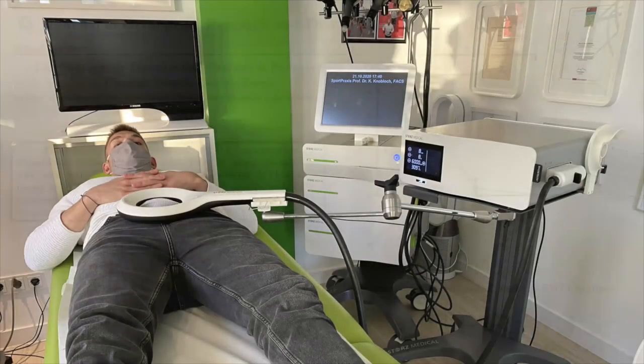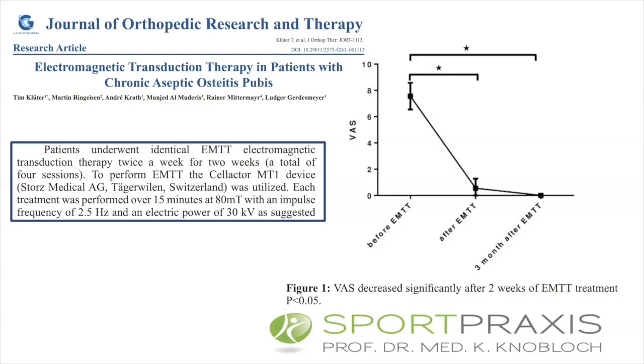And there is even one small study doing only EMTT, so only magnetolith treatment. And they could really, in soccer players, show a tremendous decrease of pain immediately after 4 or 5 sessions of EMTT.